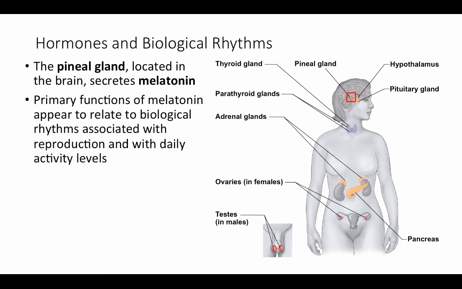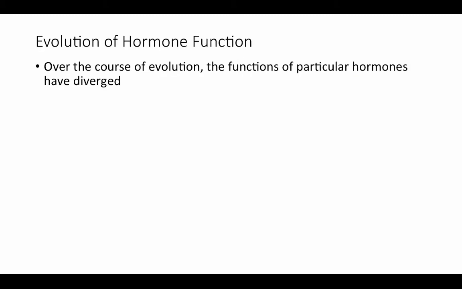The primary functions of melatonin appear to relate to biological rhythms associated with reproduction and with daily activity levels. So for animals that reproduce seasonally, it's going to be the pineal gland that regulates behaviors based on the season.